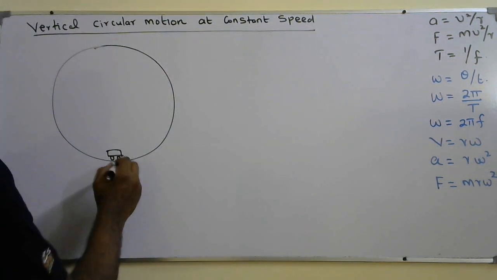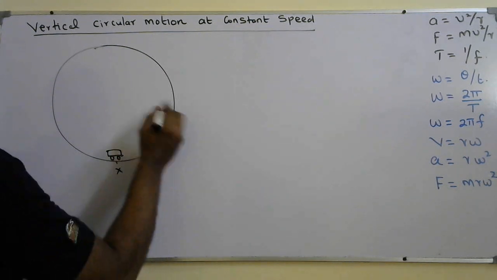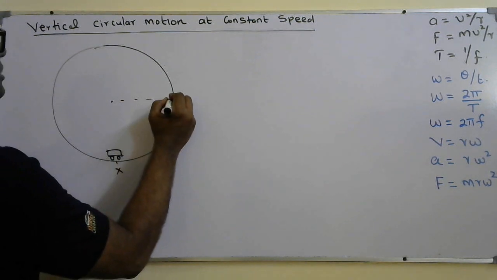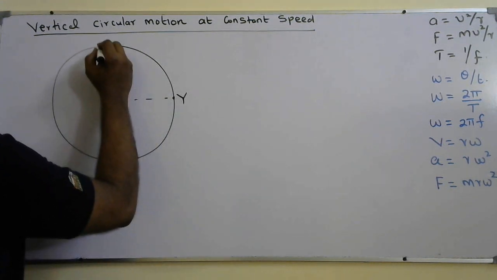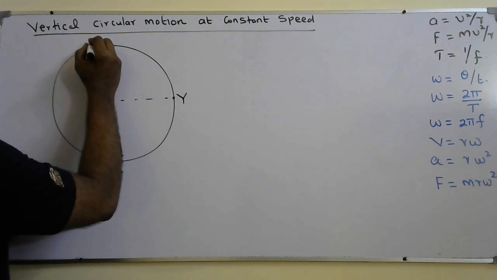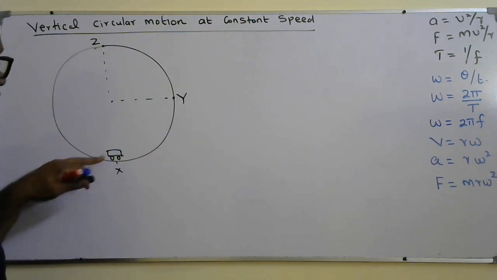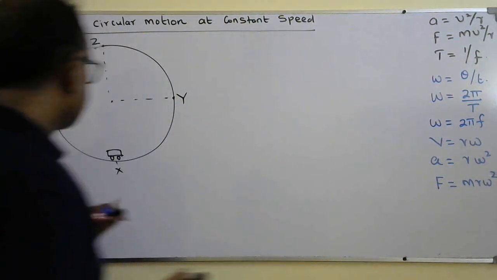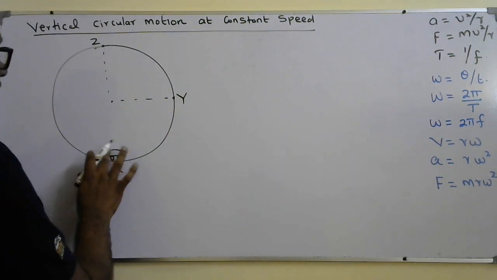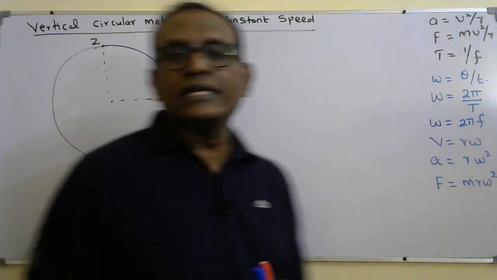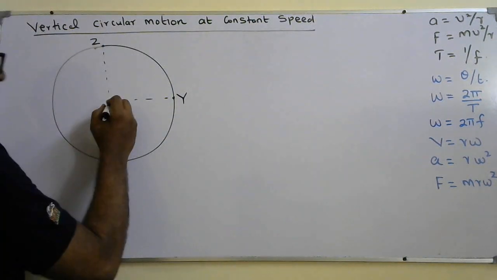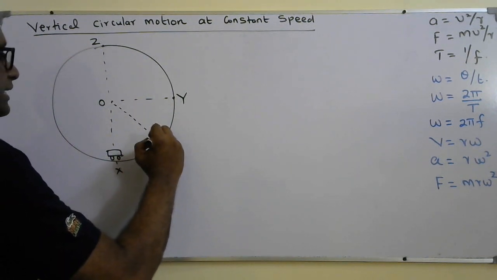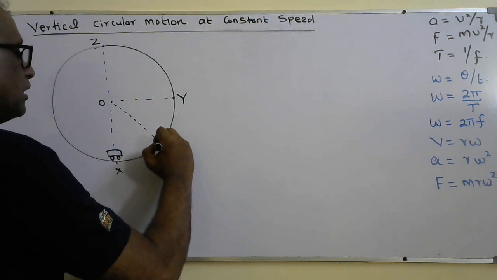So there we normally consider three different positions: the lowest position X, the position horizontally, Y, and the highest position Z. X, Y, Z. We'll think about the free body force diagrams at different positions. For that, when deriving this, we normally take an arbitrary position, something like here, at O, where it makes an angle theta with the vertical.